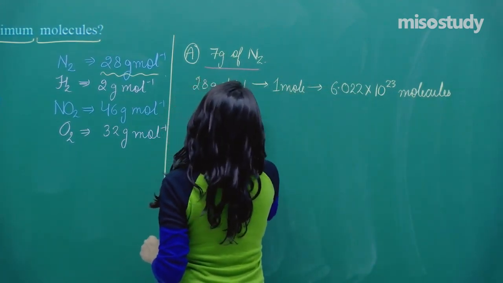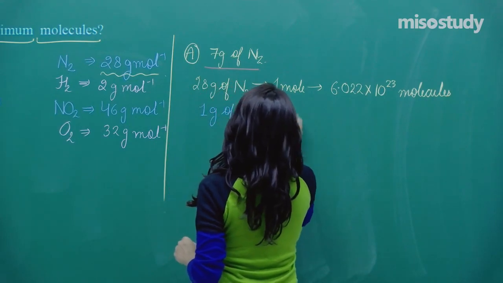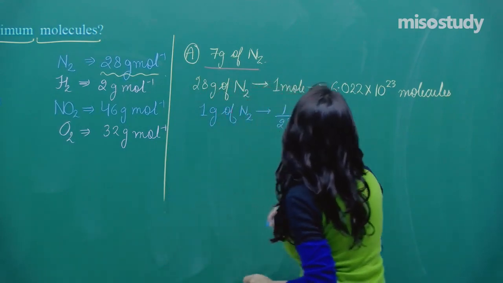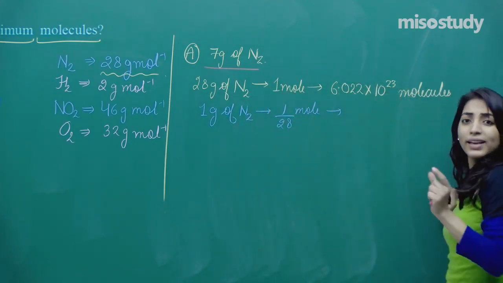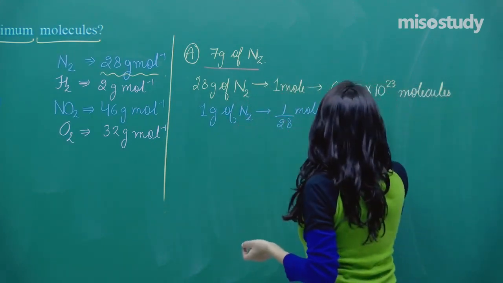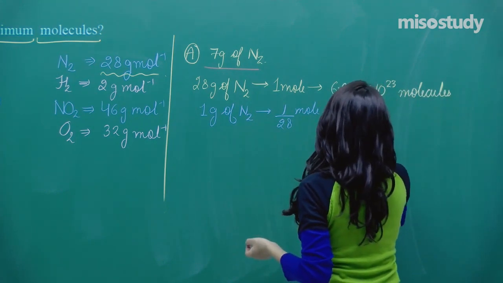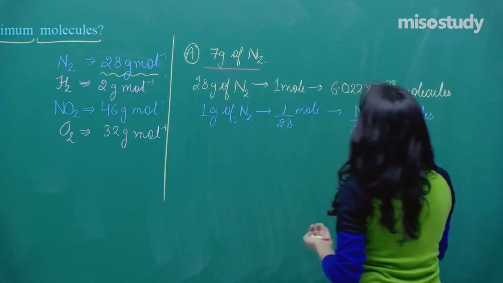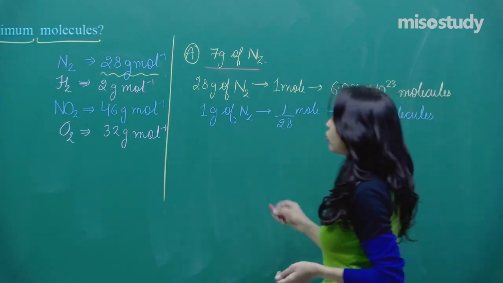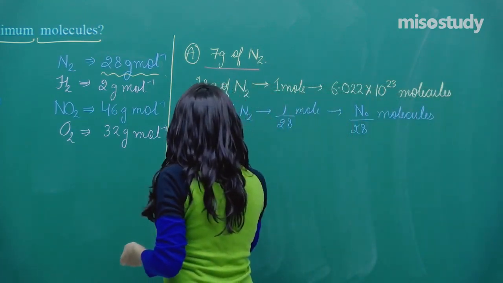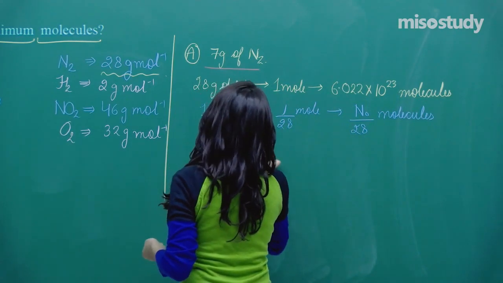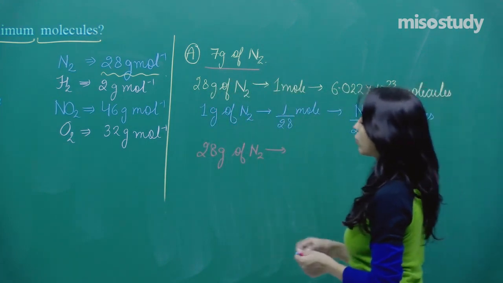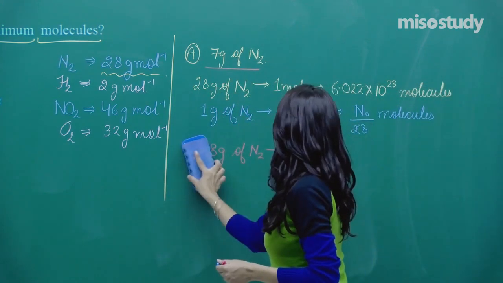But how much we have? 1 gram of nitrogen will have 1 by 28 moles. Guys, see, I will not play with this bigger number. I will just write it to be N naught. So N naught divided by 28 molecules, okay? And the question was 28 grams of nitrogen will be having how many? Oh, no, sorry, 7 grams of nitrogen.